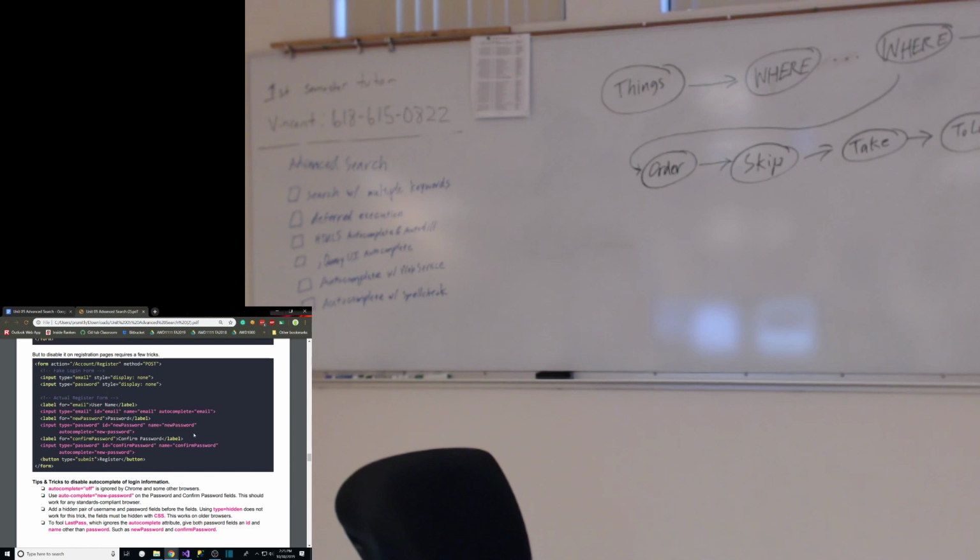So if I want to fool it into not filling in the password, I do have to change these to be something else. I have to change the name of the field to be new password instead of just password. Is that clear? So it doesn't find it as long as it's that instead of calling it password.